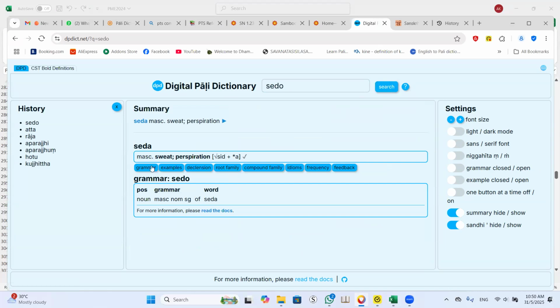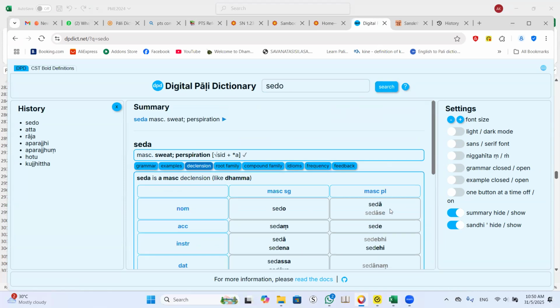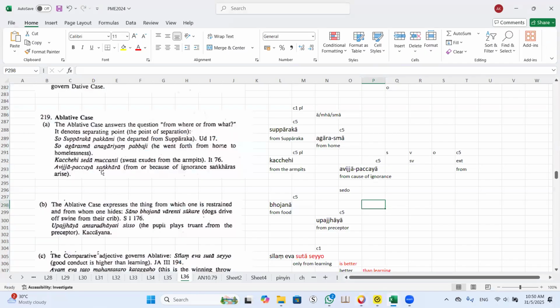Seda is a masculine. That means if you do a declension, this should be a plural. Correct, sedo, seda. So in this case, this is plural, and can you see this NTI?